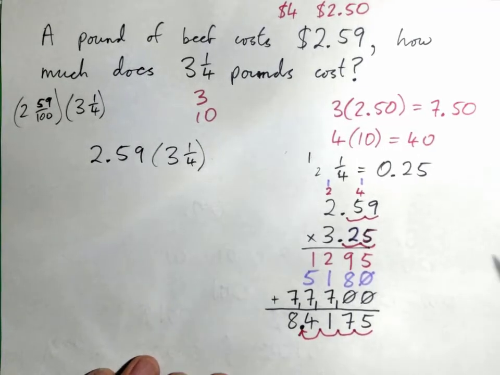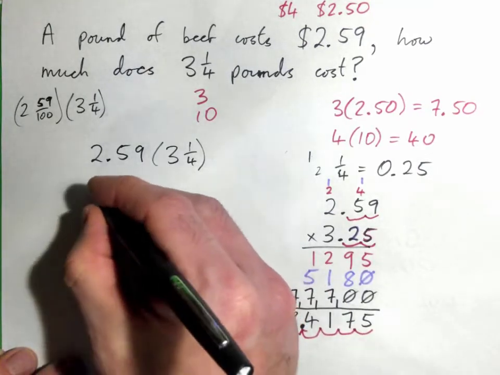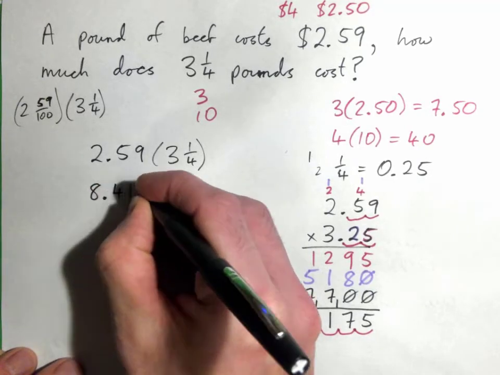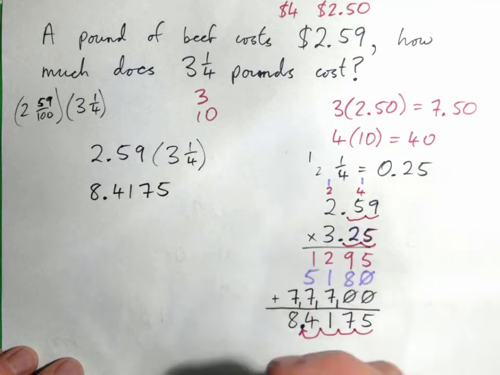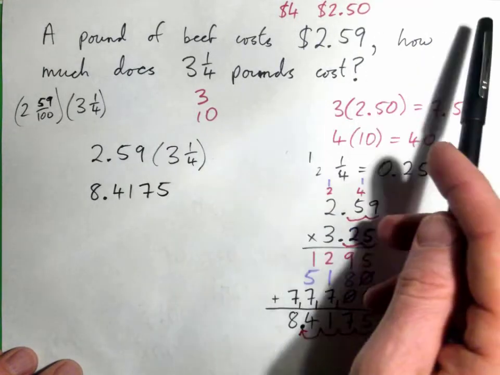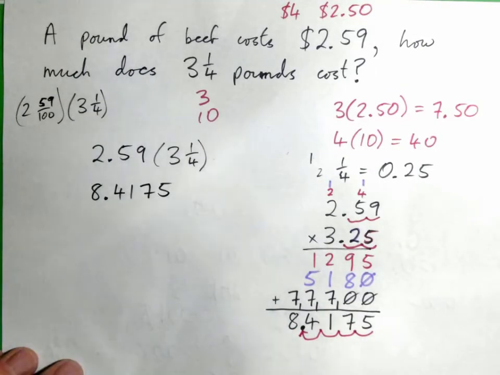Now, we've got to think about what that means. I got 8.4175. What does that mean in the context of the answer? What's the answer to the question: a pound of beef costs $2.59, how much does 3¼ pounds cost?